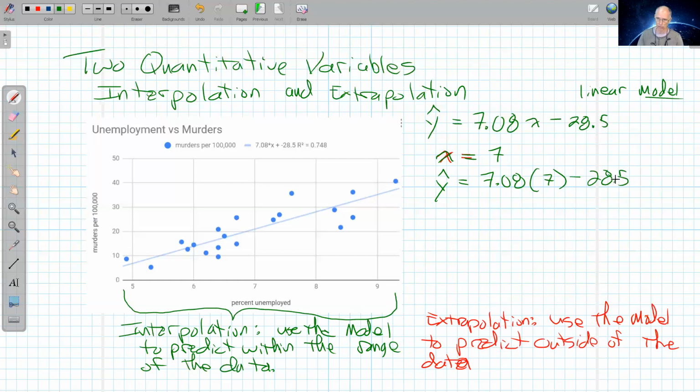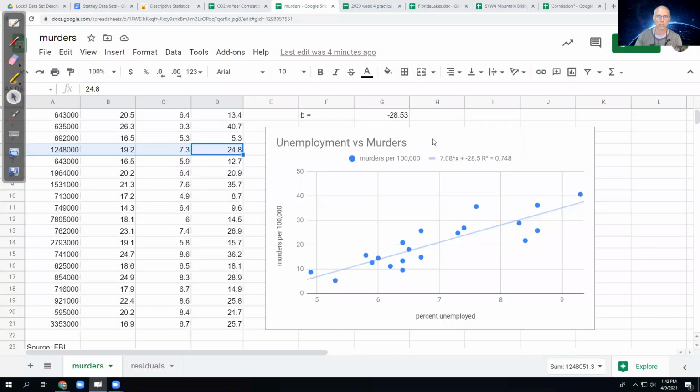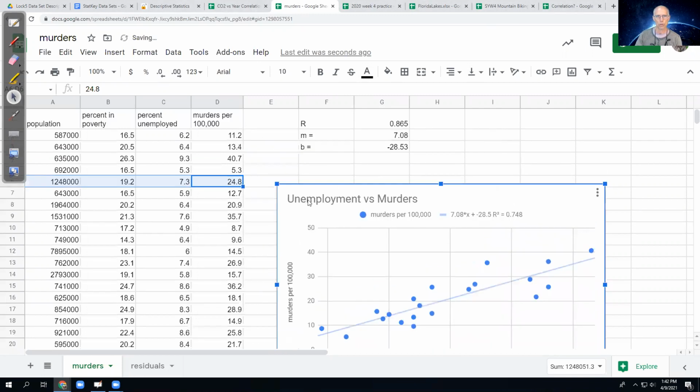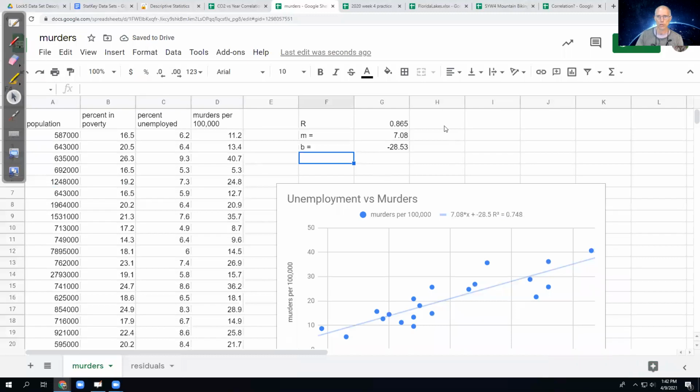Let's get a calculator to figure out what that is. Remember, the spreadsheet's a calculator.